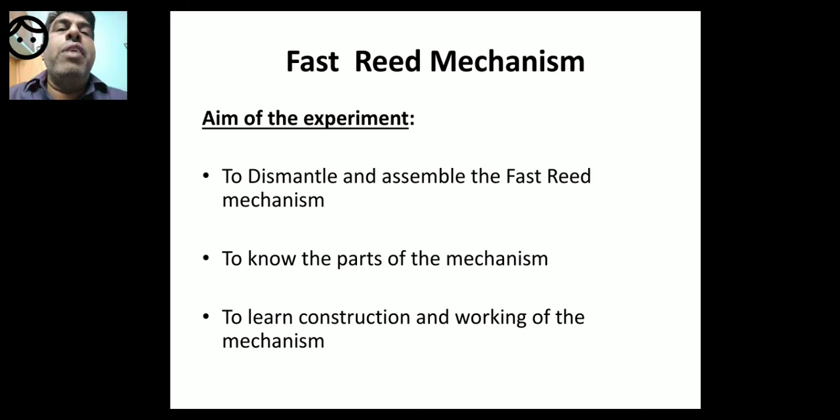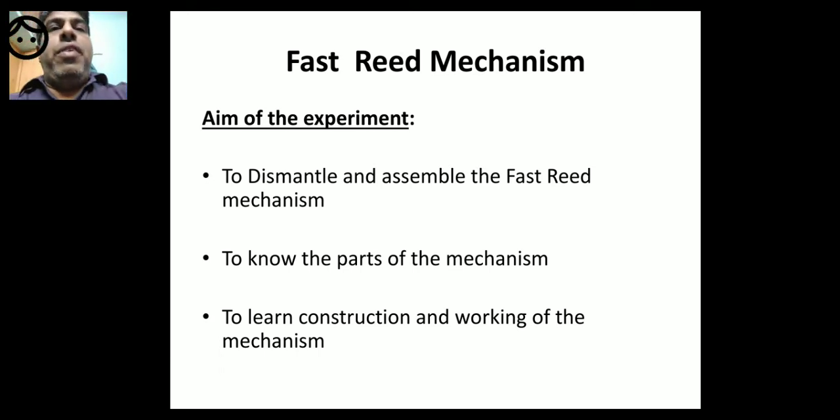So after that we have studied auxiliary mechanisms. So what are the auxiliary mechanisms? Warp stop motion, weft stop motion, warp protector mechanism, temples and brake.